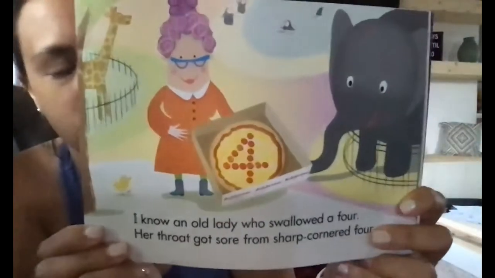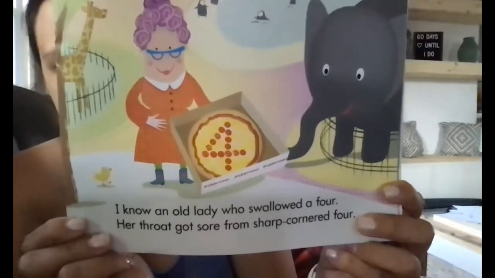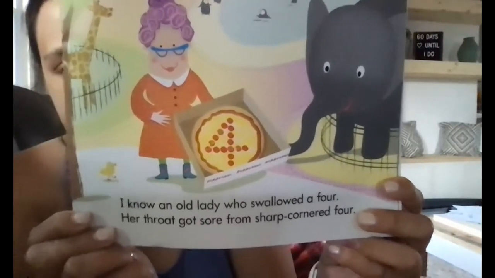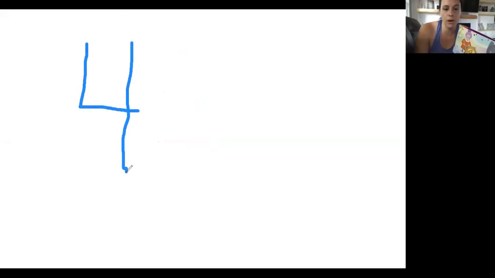She ate a 4. See if you could find that number. Let me give you a hint. I will draw it for you so you know what a 4 looks like. There's 2 different ways to make a 4. The first one could look like this. There's a 4. But a lot of the times it's going to look like the one in this book.